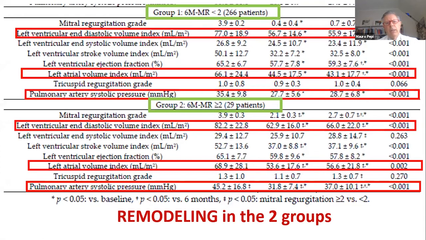I will not go into details, but just say that the remodeling of the two groups was clearly different. We have excellent remodeling in the group with optimal results, while in the cases with MR more than moderate in the long run, we have a reduction of the LV and LA volumes in the first period of the follow-up. Then they regain volumes in terms of the LV and LA, and also the pulmonary artery systolic pressure increases.